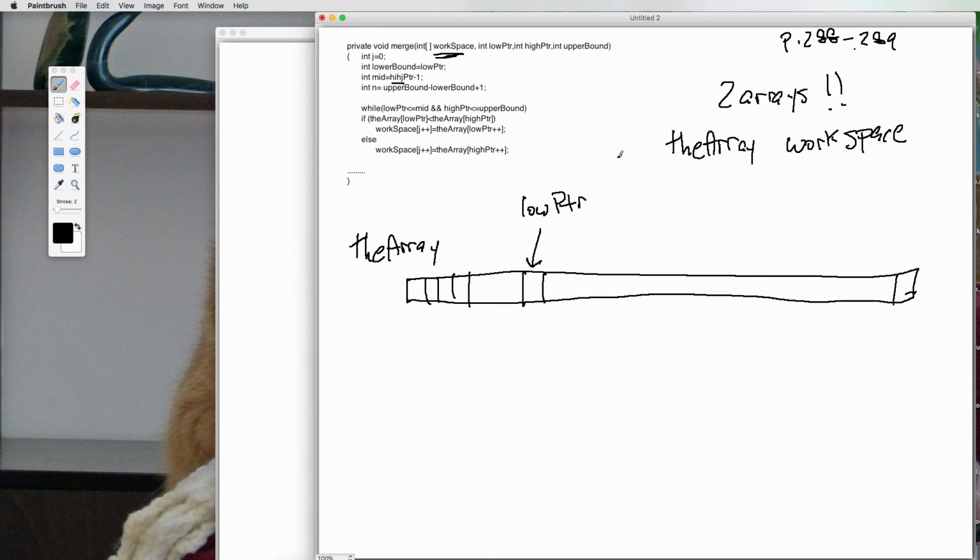And then way up here is something called upper bound. I think I have this right. Yes. Okay, and someplace here in the middle is high pointer.